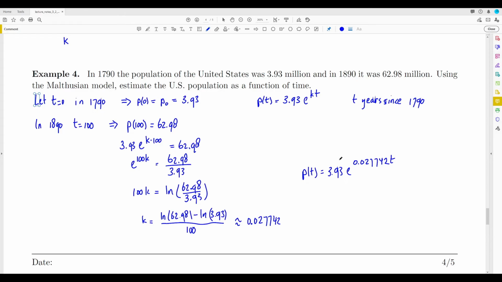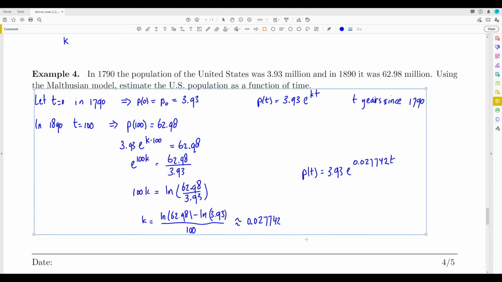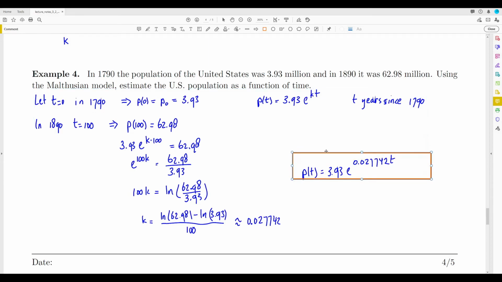Now, let's see what that means if we have that model, and let's see how realistic that is.